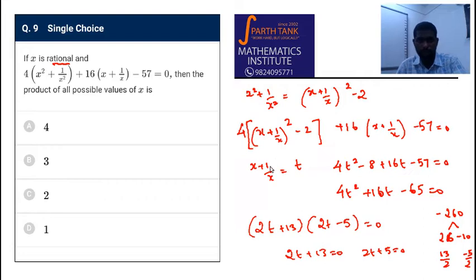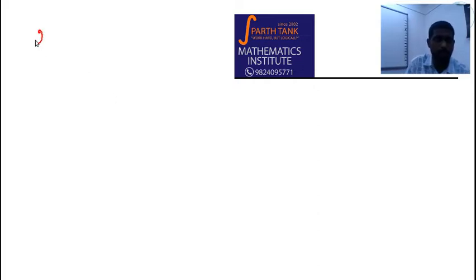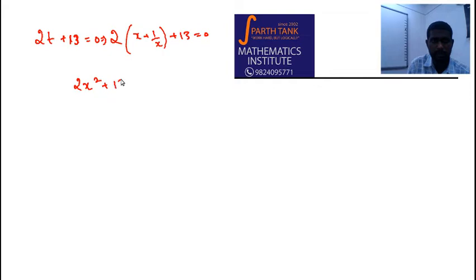So let's go to the equation for t, and then see which of these will give us rational solutions. 2t plus 13 is 0 implies 2 times (x plus 1 by x) plus 13 is 0. Or taking the LCM and all, it becomes 2x squared plus 13x plus 2 is 0.